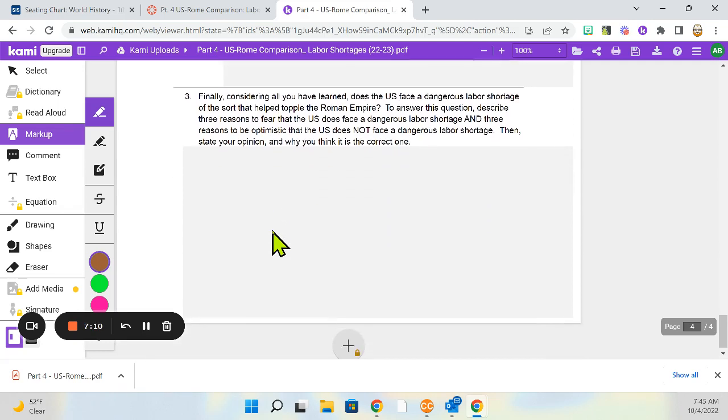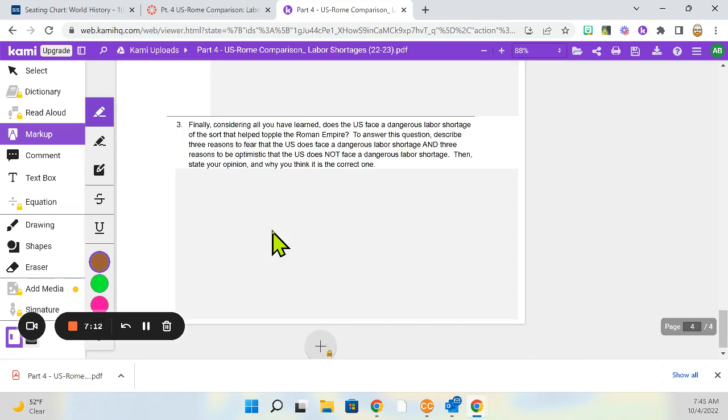And as with previous assignments like this, at the end, you're going to put it all together. Considering everything you've learned about population growth, migration, labor participation, does the U.S. face a dangerous labor shortage of the sort that helped bring down the Romans? Remember, think about all the information you've learned in the previous parts of this assignment.